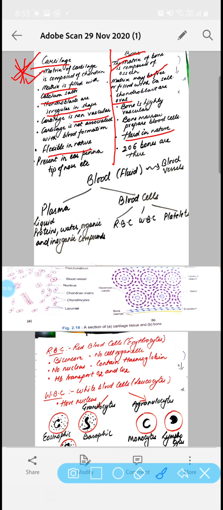It means it is not supplied with blood. But bone is highly vascularized. It means it is supplied with blood. Non-vascular means not supplied with blood, and bone is highly vascularized, meaning the bones are supplied with blood. The word vascular is related to blood.